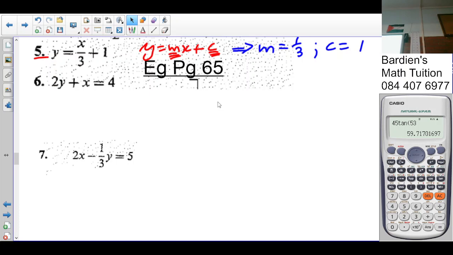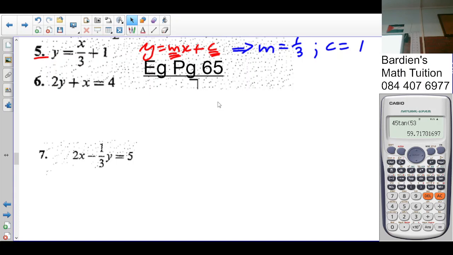Is the equation in that form? No. So do we have the m value? No. The first thing is we need to get it into the standard form first.